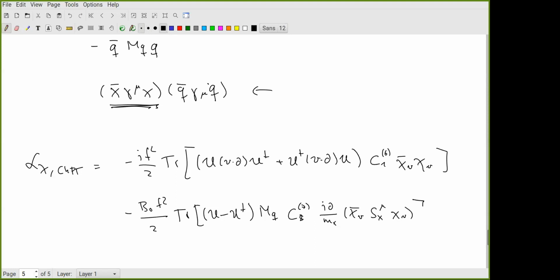And these other factors are just determined by the symmetry transformation properties of these dark matter currents in some sense. Plus, you always write this Lagrangian such that it is Hermitian and that it conserves parity, because QCD conserves parity.